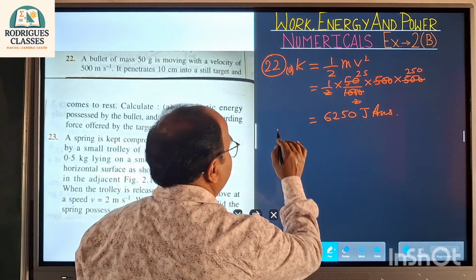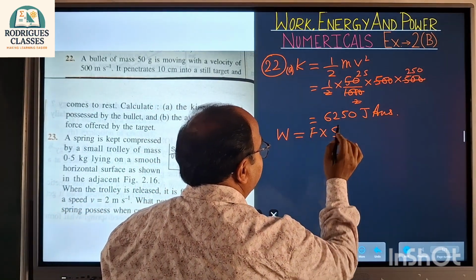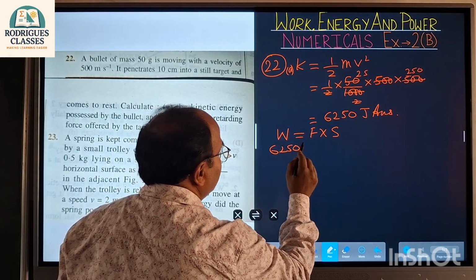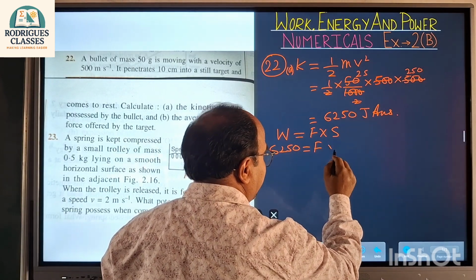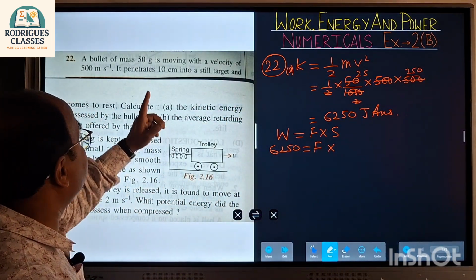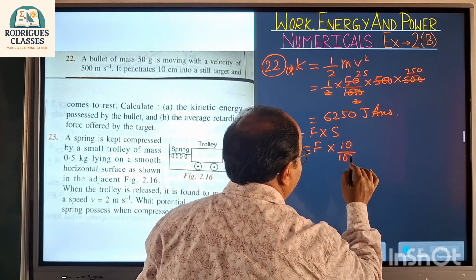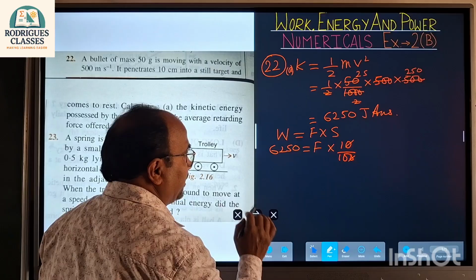So I will write here, work done is equal to F into S. In place of work done, I will write 6250. This force is the retarding force. So I will just write F here, and the displacement which is there is 10 centimeter. I need to do the conversion here. So 10 by 100, the 1 0 is cancelled. This will go and multiply here.